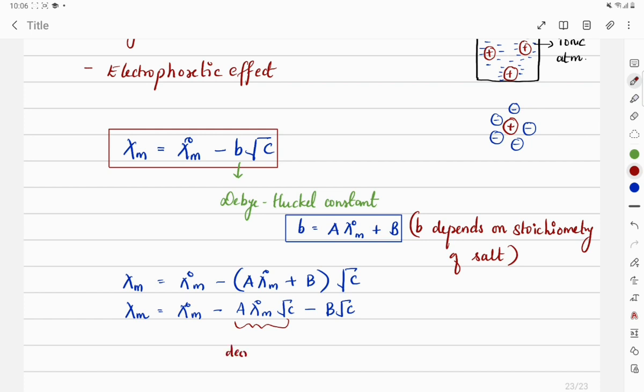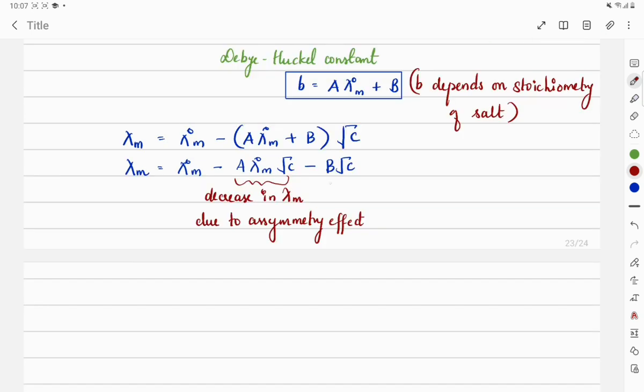Okay, so this is decrease in lambda m due to asymmetric effect. And B root C will be, again since it is a minus, this is also a decrease, but it is going to be the decrease in lambda m due to the second one, that is the electrophoretic effect.